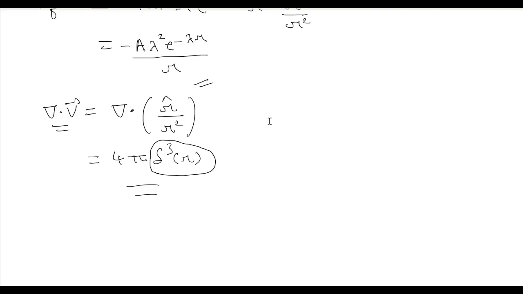The divergence of this vector function is 4 pi del cube of r, and then we need to take the product of the scalar function f and the divergence of the vector function.